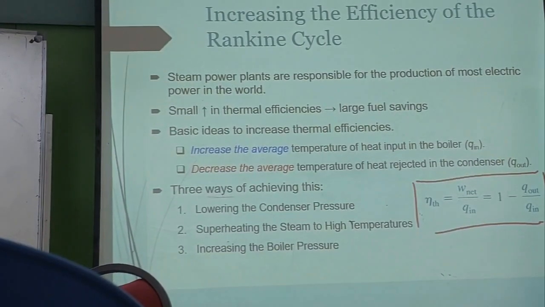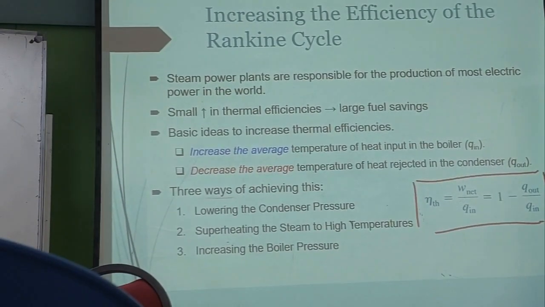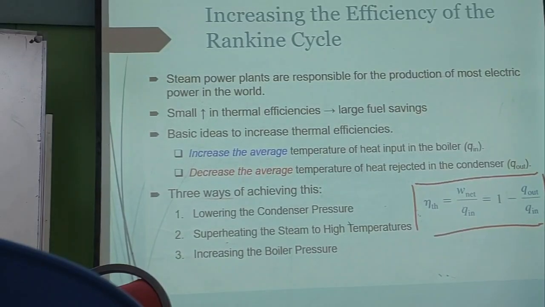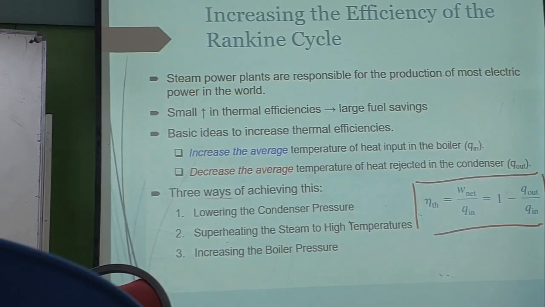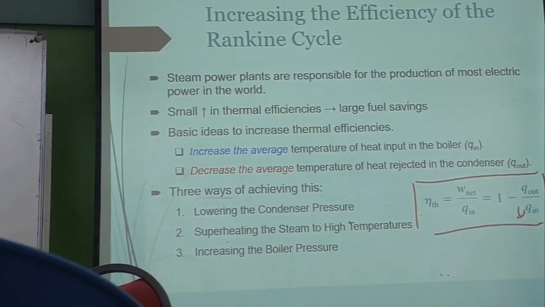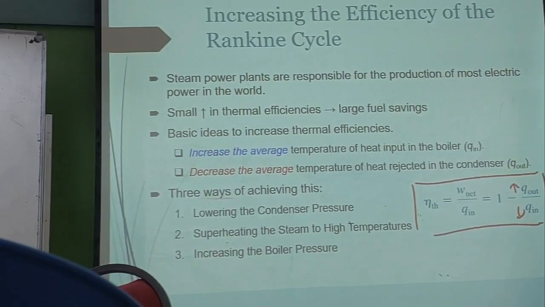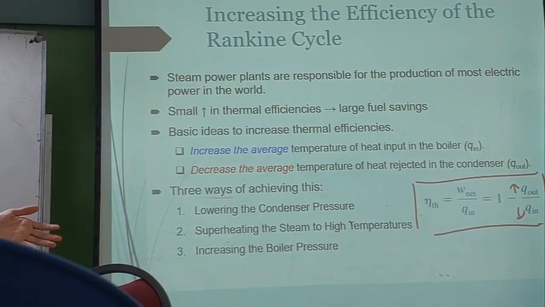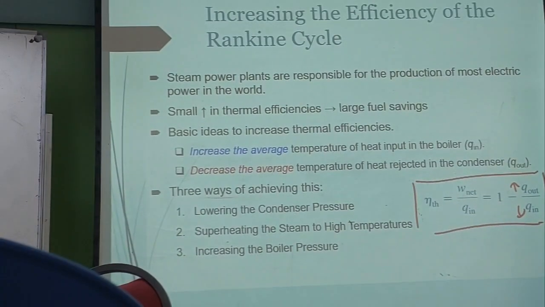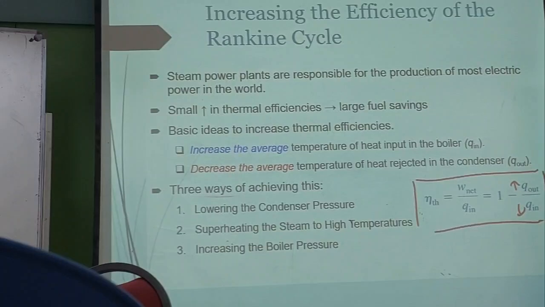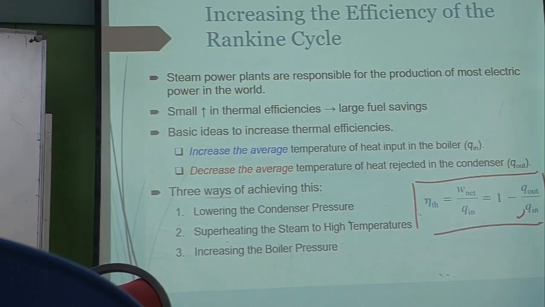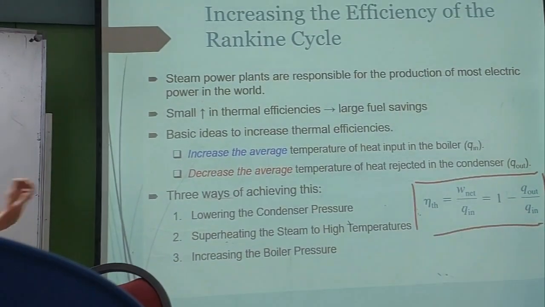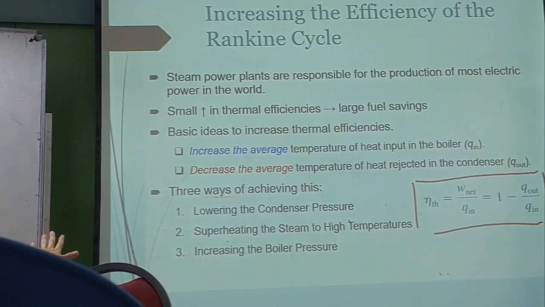So we want to either reduce this or we want to increase this. This is what we are looking at. Right, you want Q out to reduce or Q in to increase. Generally, that's the idea. Oh yeah, I got it wrong. Sorry about it. But anyway, we look at the three ways first. We will be clearer when we explain that.